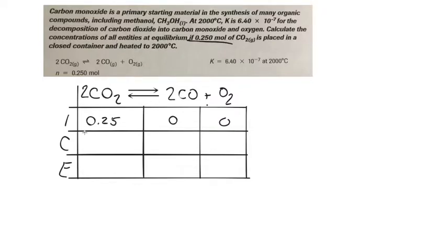Looking at our mole ratio here, we're going to use 2 moles of carbon dioxide and produce 2 moles of carbon monoxide and 1 mole of oxygen gas. This means at equilibrium, we have 0.25 minus 2x, a 2x value, and an x value over here.